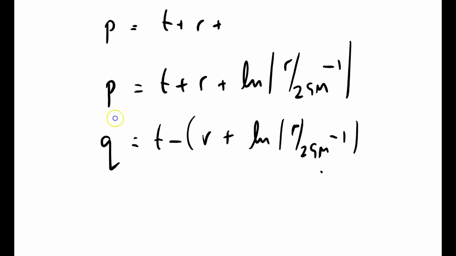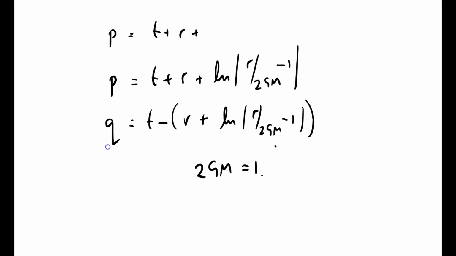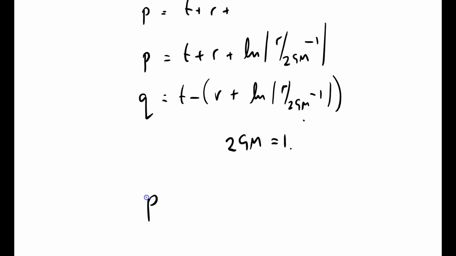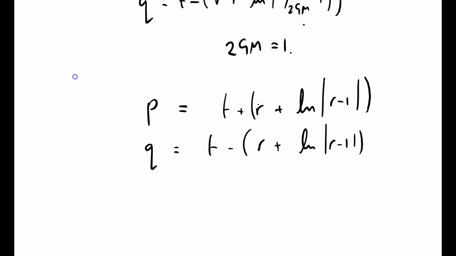And before I go any further, I'm going to set 2GM equal to 1. So now we've got the Eddington coordinates P equals T plus R plus log mod R minus 1, and Q equals T minus R plus log mod R minus 1. I guess I could put brackets there as well if I wanted.